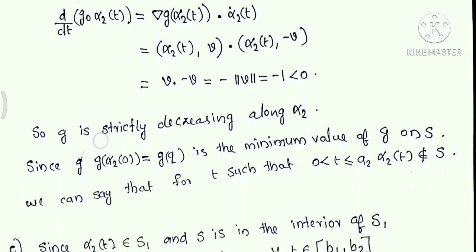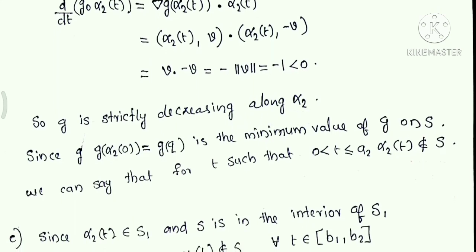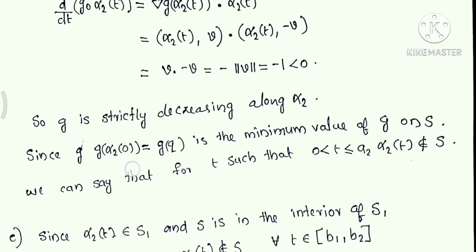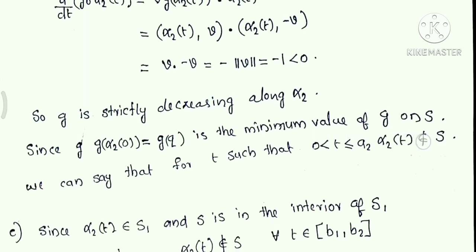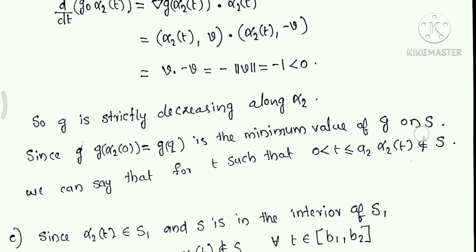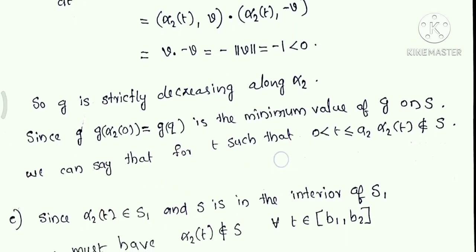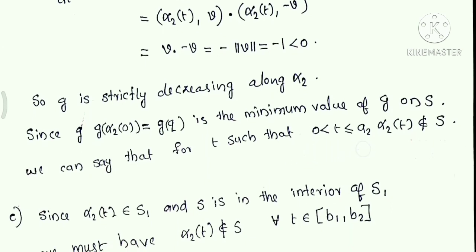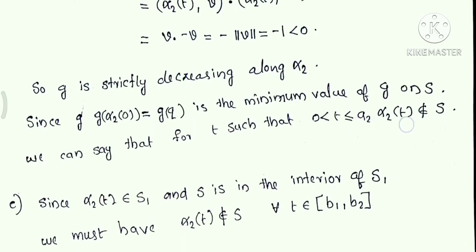So g is strictly decreasing along alpha 2. And since g of alpha 2 of 0 is equal to g of q, and it is the minimum value of g on S, we can say that for t such that 0 < t ≤ a2, alpha 2 of t does not belong to S.